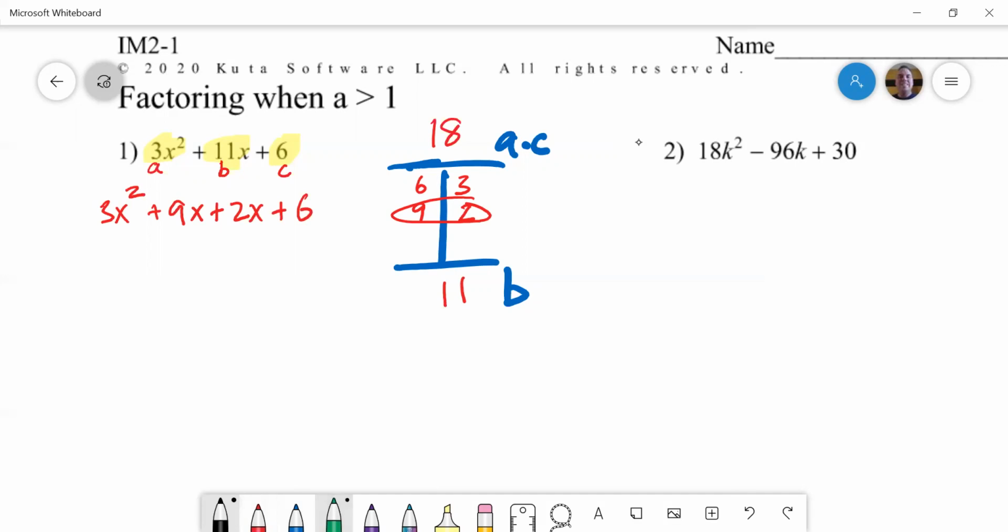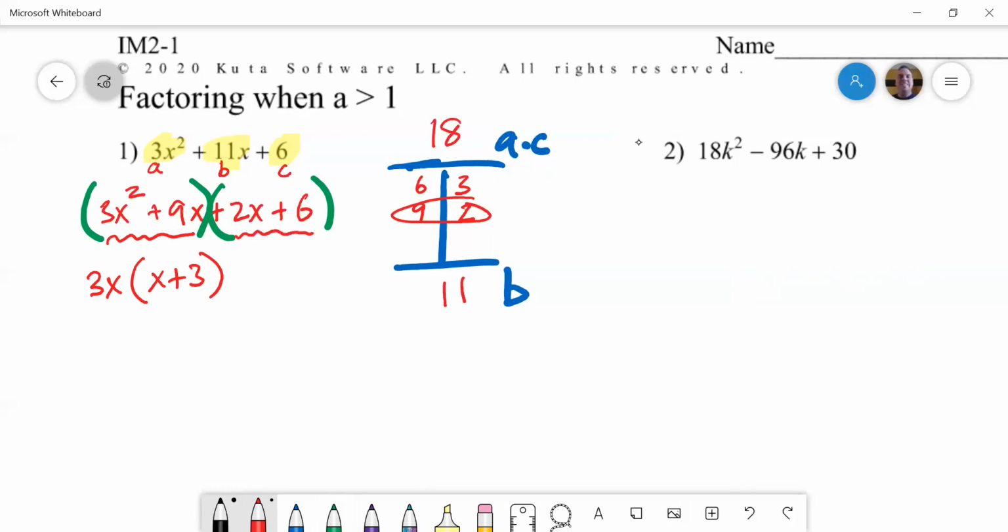And then what we're going to do is group the first 2 and the last 2 terms there. And let's keep factoring. The GCF of this first group is going to be 3x, which leaves me with x plus 3, because 3x times x is 3x squared and 3x times 3 is 9x. Now let's look at the second group. The GCF there is just positive 2.